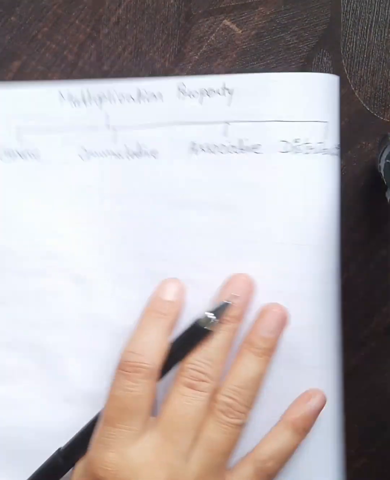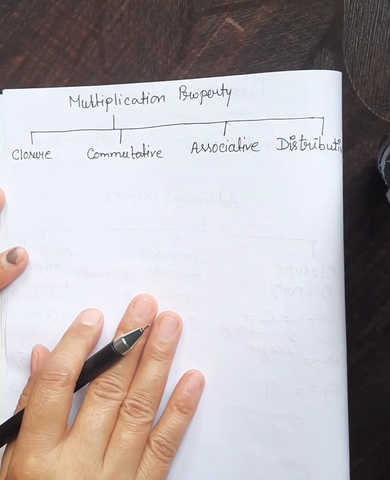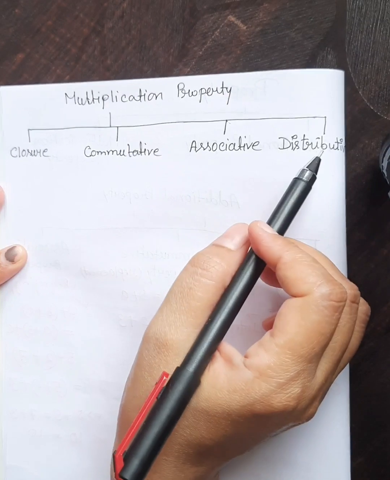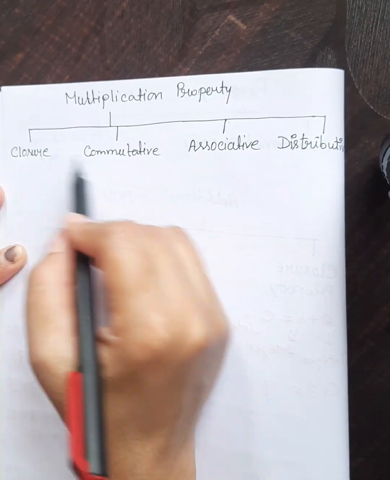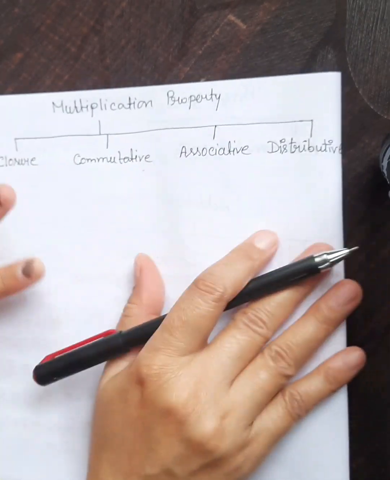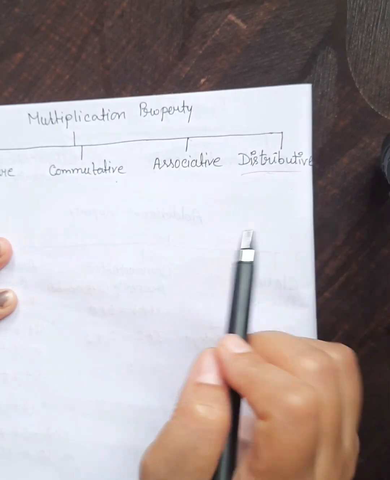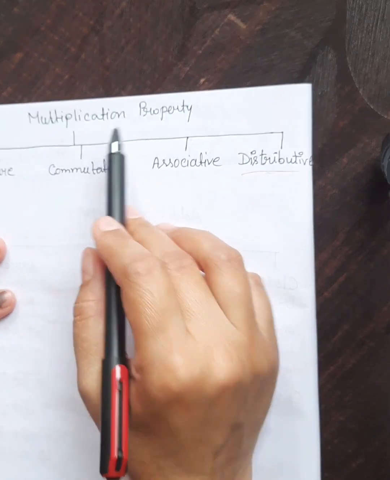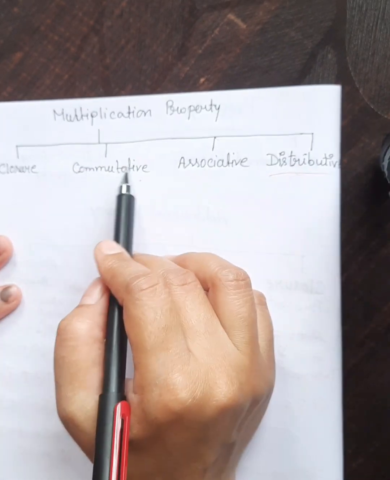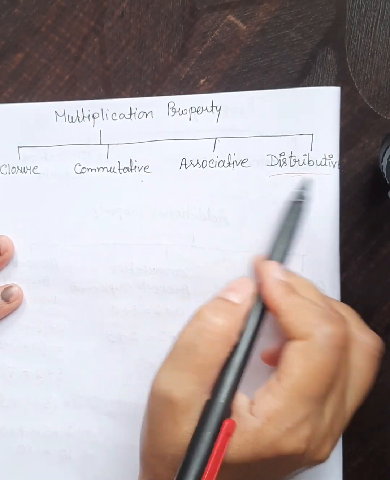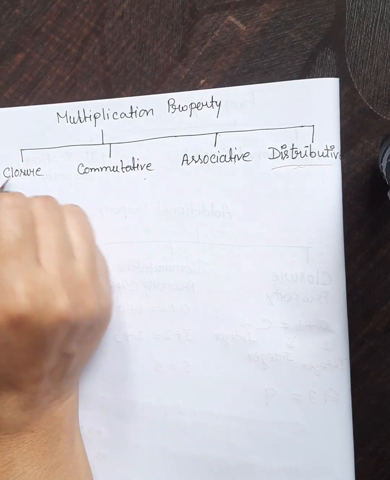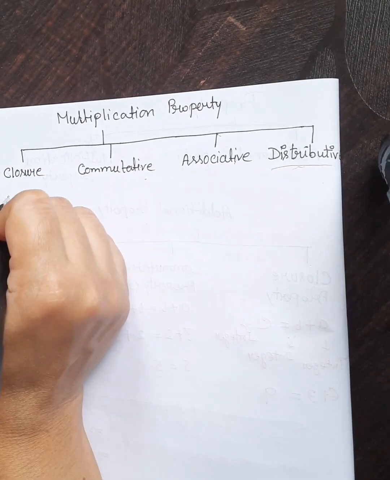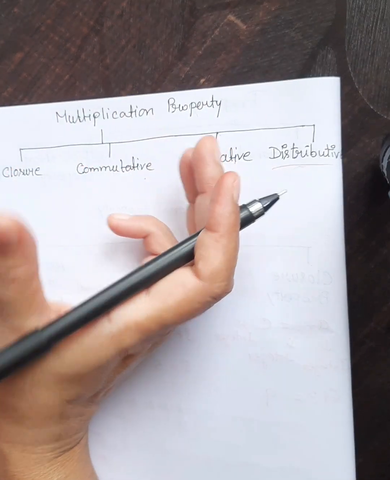Next is multiplication property. Here are 4 types of multiplication property: closure, commutative, associative and distributive. One extra property is added in this multiplication property. Closure means the same. When we multiply two integers, we get an integer.